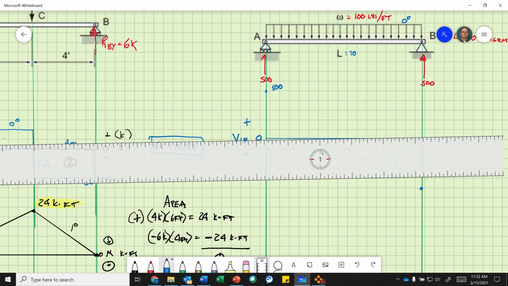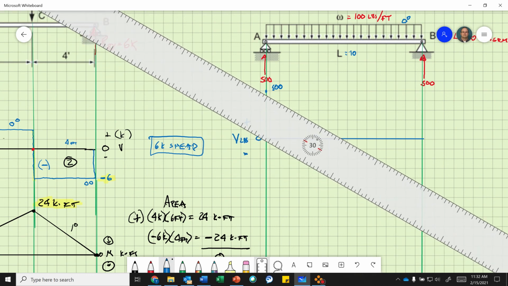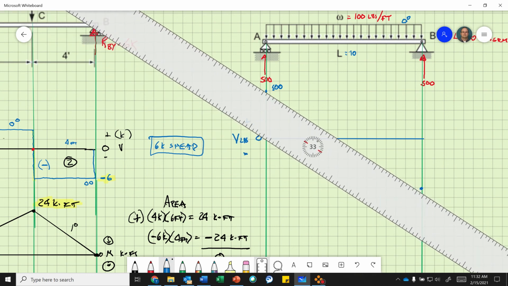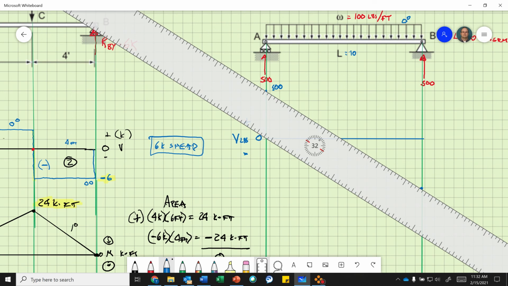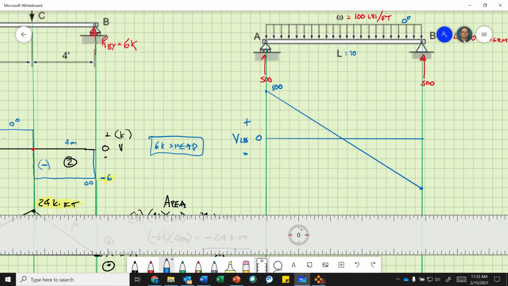Now, this is a 0-degree curve. Okay. So now, what I do is I have to draw a 1-degree curve. All right. So this is negative 500, right?